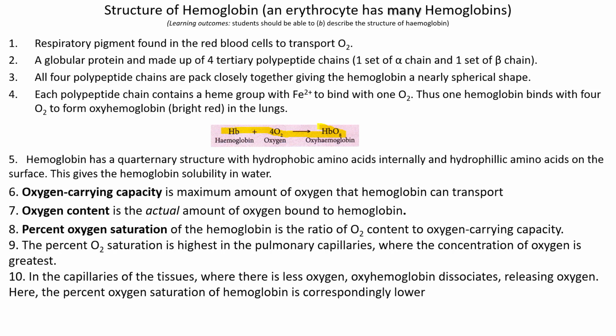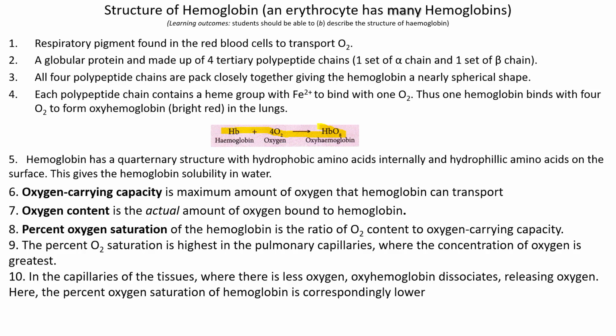Hemoglobin has a quaternary structure, I'll show you in the next slide, with hydrophobic amino acids internally and hydrophilic amino acids on the surface. And these characteristics give the hemoglobin solubility in water.